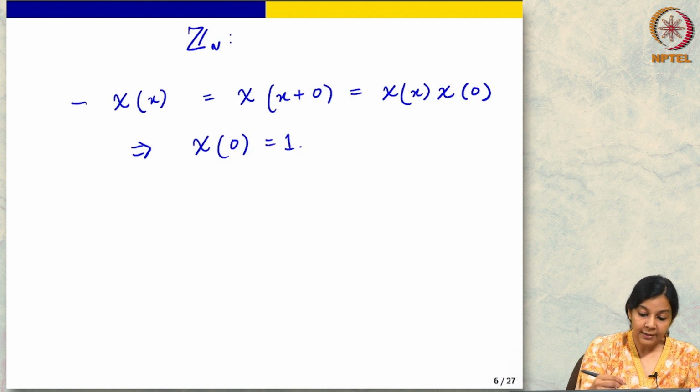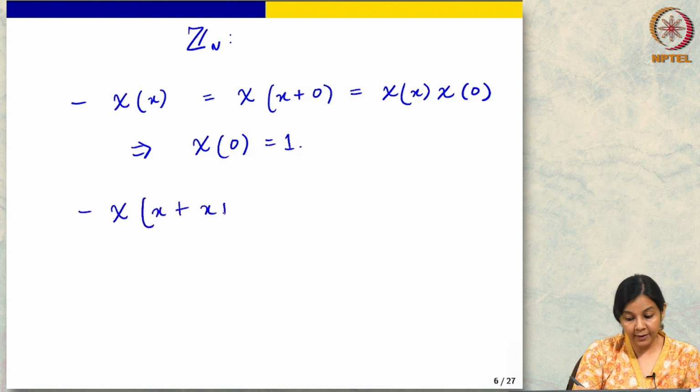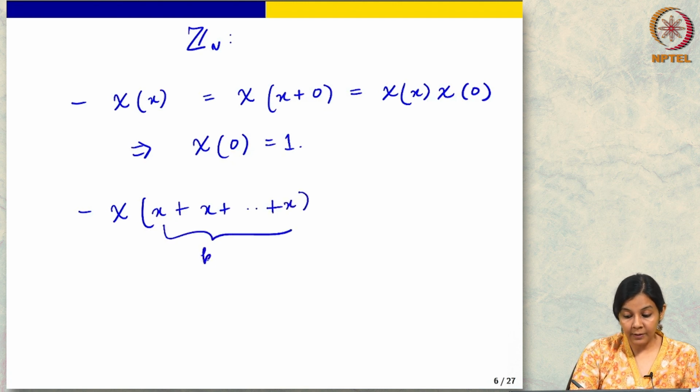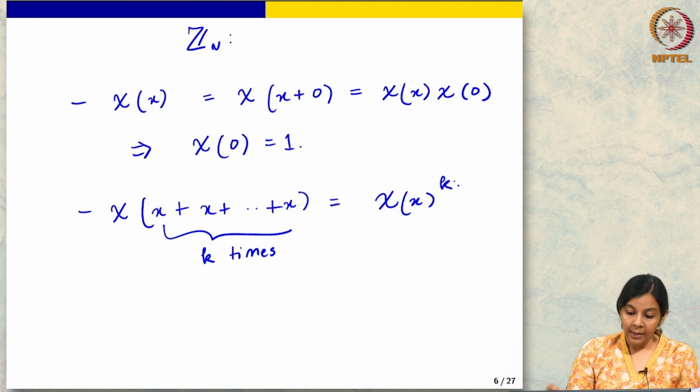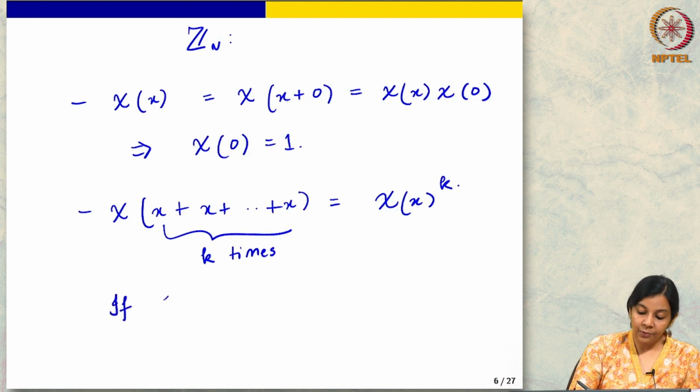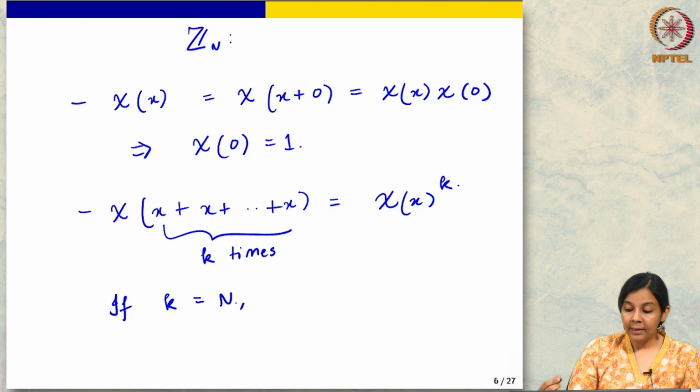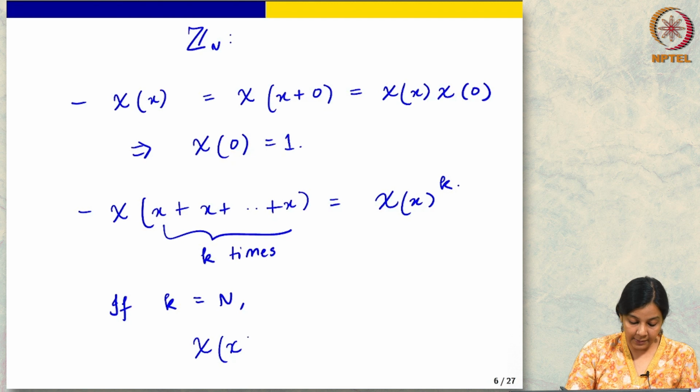Now similarly, this is one simple observation. If I have x plus x, k times, then this is nothing but chi of x the whole to the k. Now if k is equal to n, what does this imply? I claim that chi of x to the n is equal to 1.